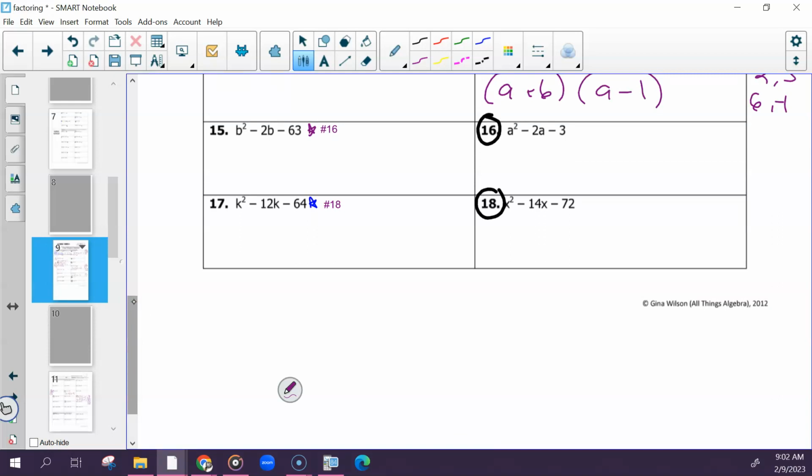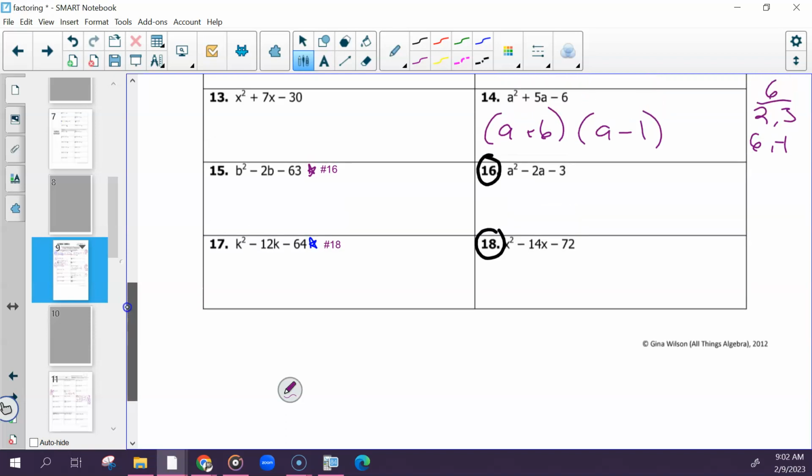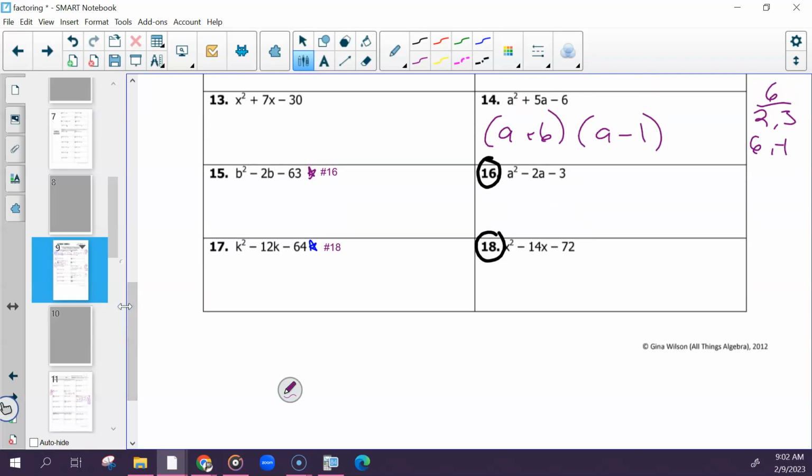So let's start off with 15. Factors of 63. Figure out what that means. There you go.